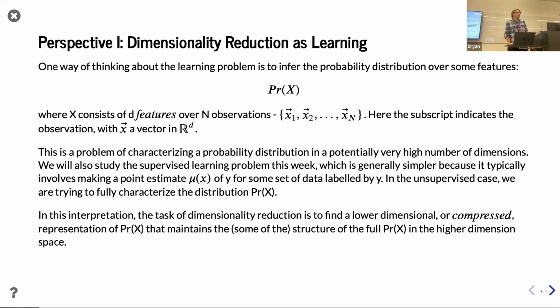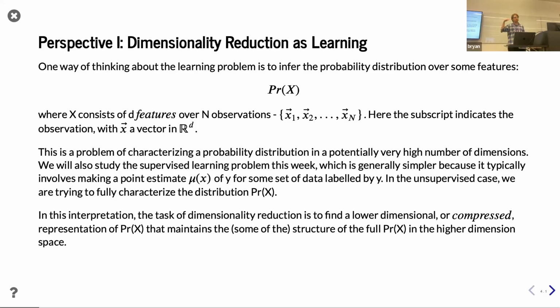Okay, so some perspectives on dimensionality reduction. I realize this is more of a wall of text than I intended, but one way of thinking about a general unsupervised learning problem is that you are trying to infer a probability distribution over some feature set. You have some probability distribution over n observations, X1 through Xn, and the subscript is indicating that this is a vector that lives in some d-dimensional space, and d could be anything, right?